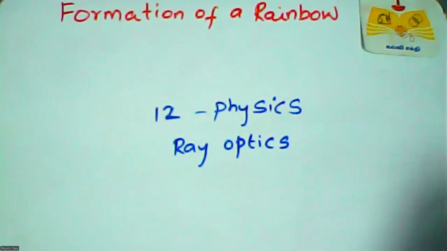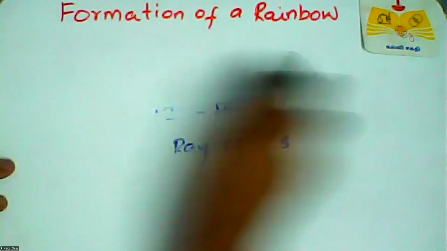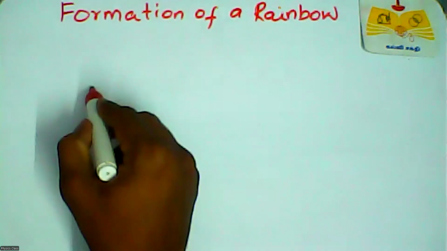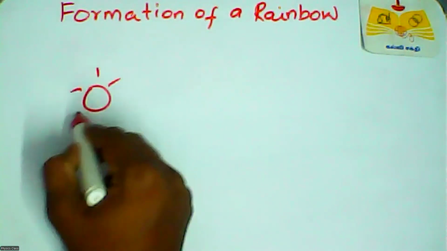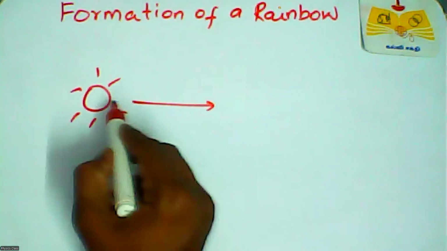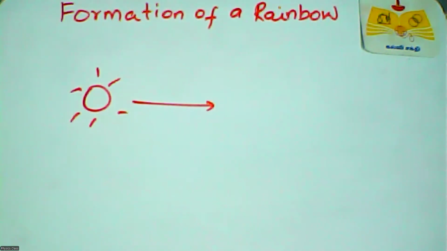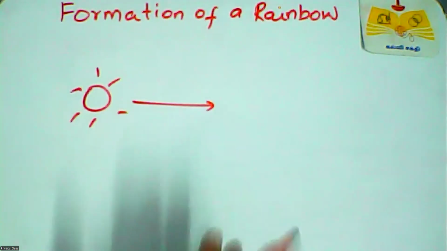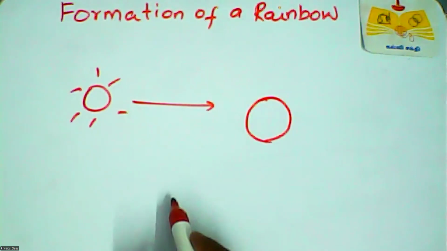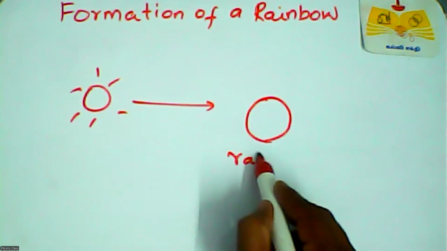Now picture this. The sun is there. Sunlight is coming through the atmosphere. Here is one raindrop.